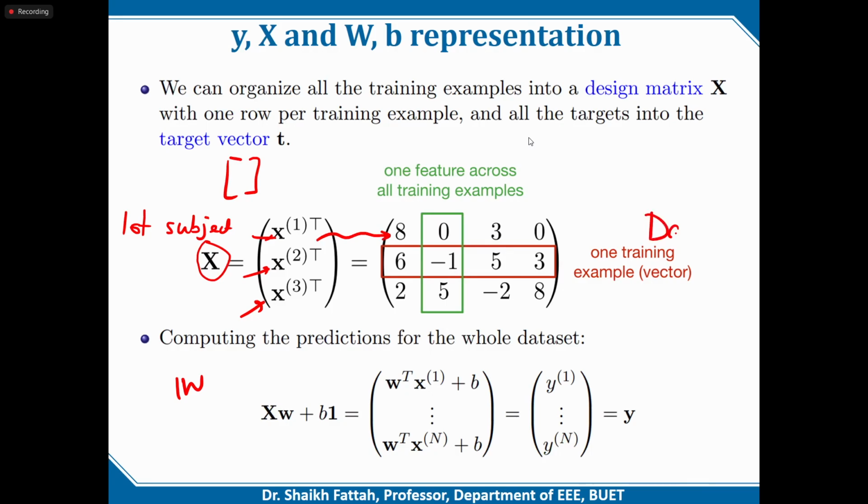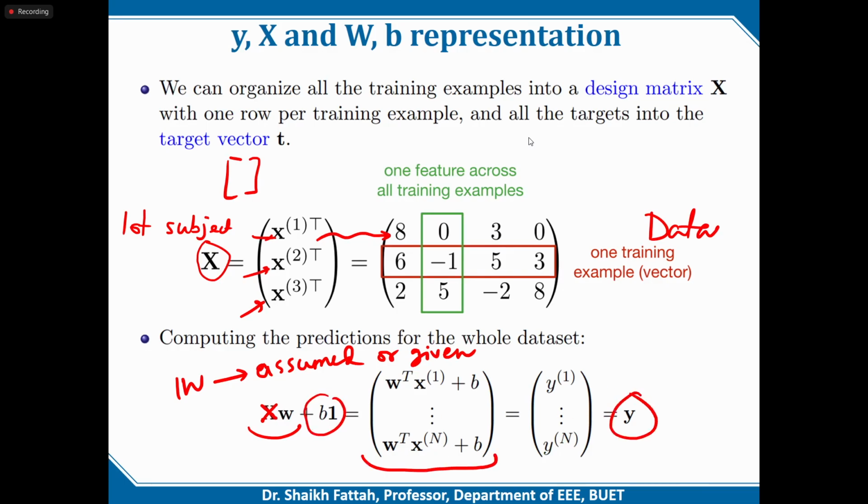This is the overall data. Then you use that X and W, which is assumed or given, and you get a value. You add this B, you get the prediction. So this problem we did.